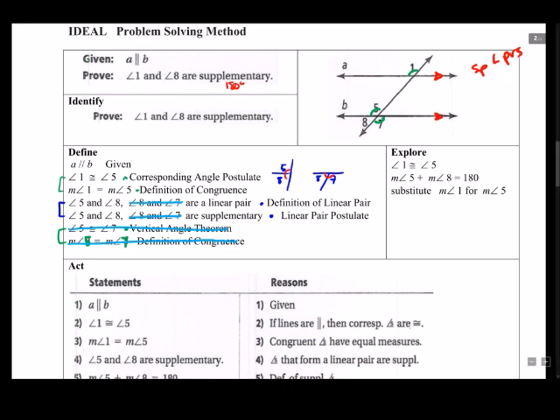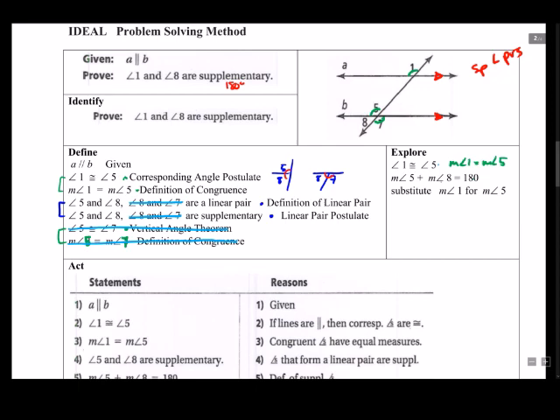So I'm going to start with 1 and 5 are congruent, and then I can say that my measures are equal. I have a definition of congruence. I also know that the measure of angle 5 plus the measure of angle 8 is 180 degrees because I'm aiming for that supplementary.